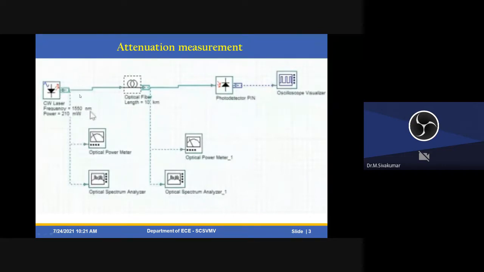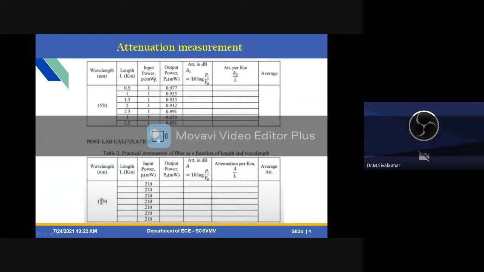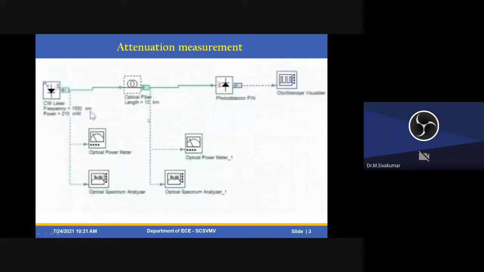I will show one table. This is the experiment, and this is the pre-lab calculation. We keep the wavelength 1550. You set the fiber length in kilometers, 10 kilometers here.